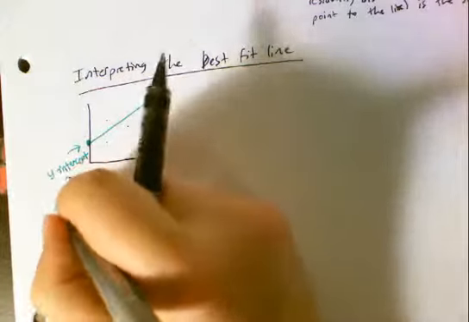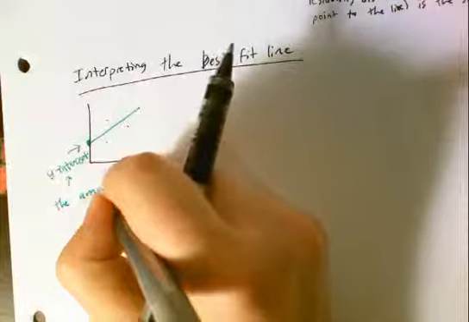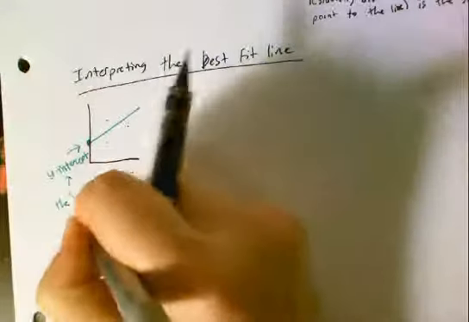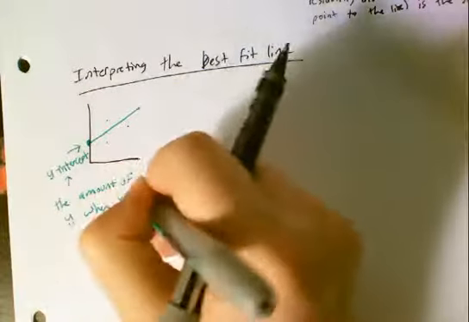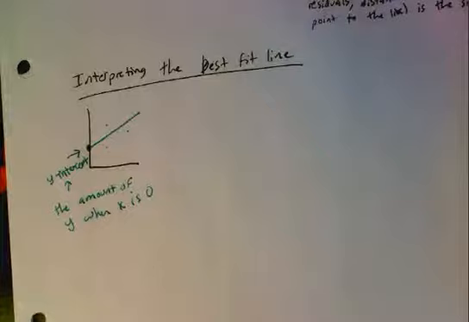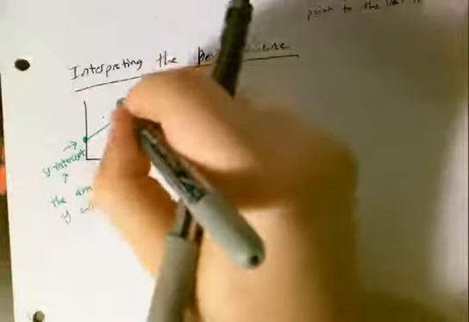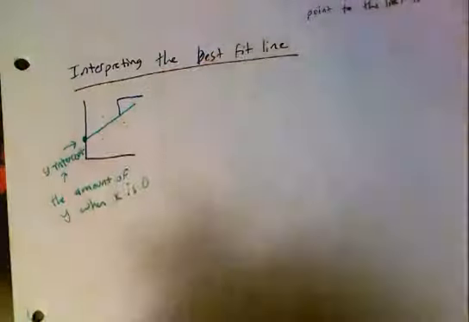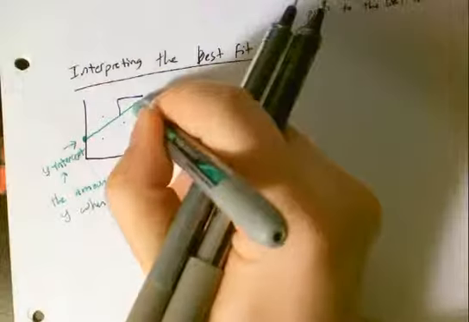And what this y-intercept tells us is the amount of y when x is 0. And we also have a slope. Here, I'll extend that line a little bit further.